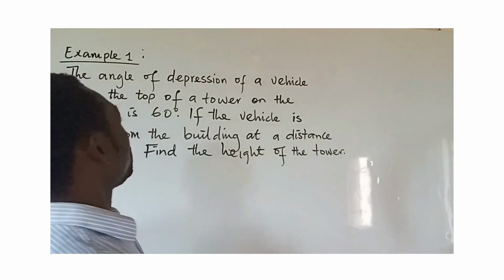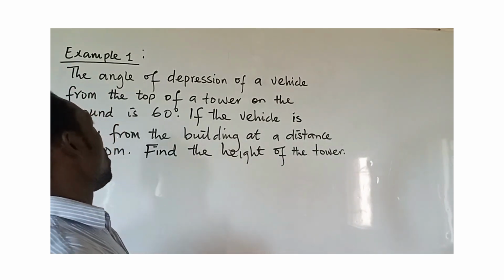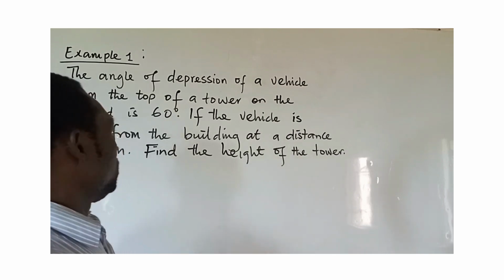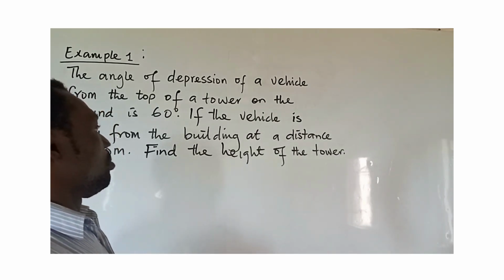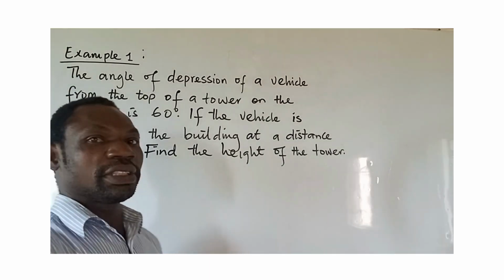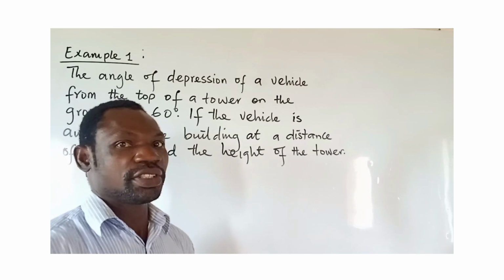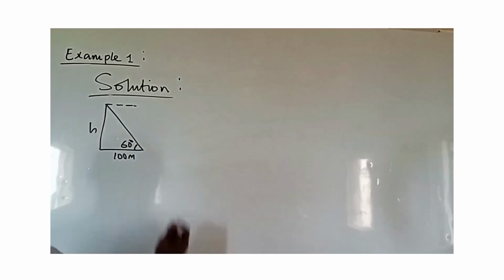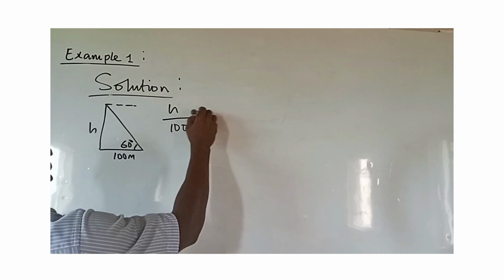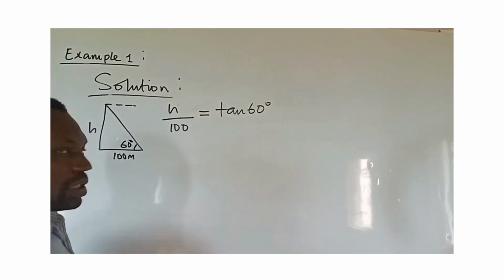The angle of depression of a vehicle from the top of a tower on the ground is 60 degrees. If the vehicle is away from the building at a distance of 100 meters, find the height of the tower. Let's see the solution. From the diagram, we have that h all over 100 is equal to tan 60 degrees.